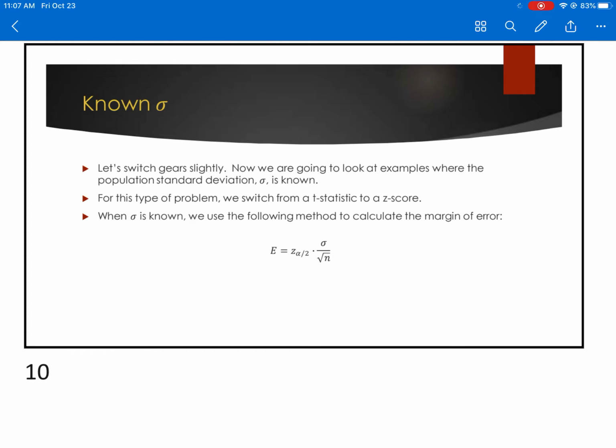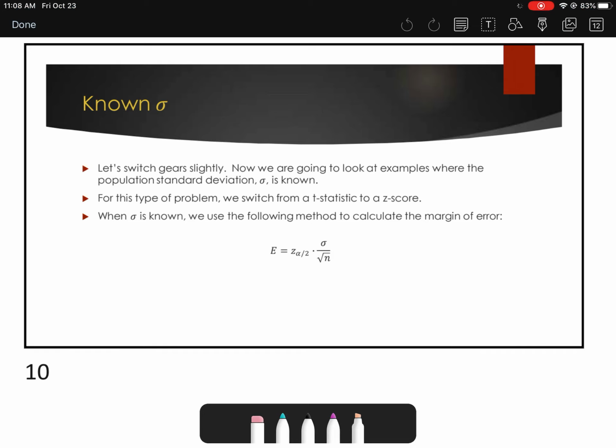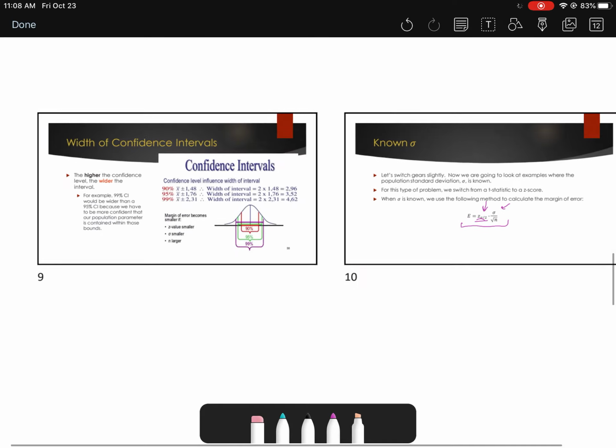So when your sigma is known, we use the following method to calculate the margin of error. So it looks pretty similar here, except instead of your t-score, you notice that you're using your z-score. And again, instead of the sample standard deviation, you're using the population standard deviation, but it's still divided by the square root of your sample size.